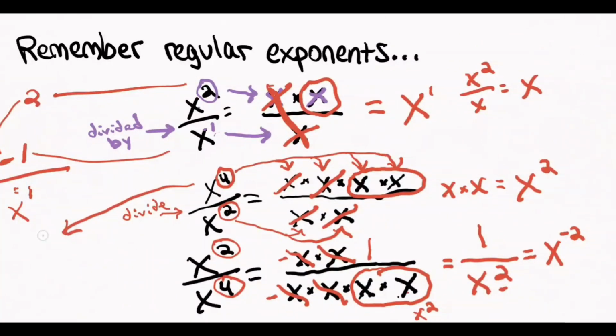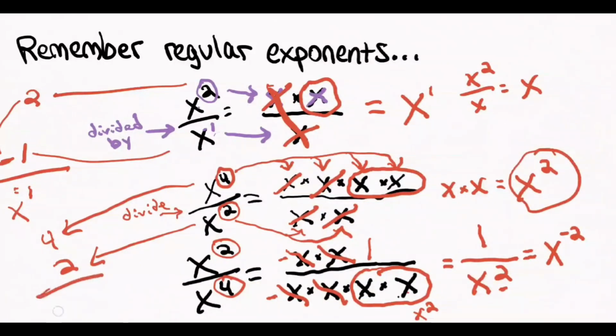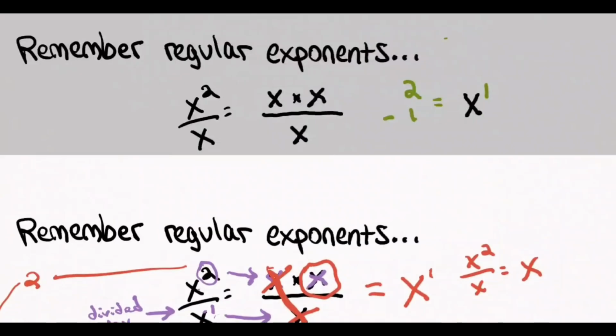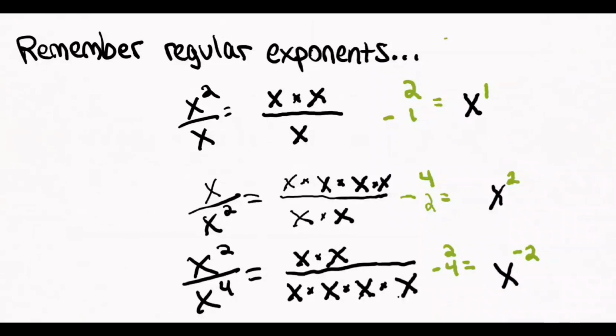There's 4, and there's a 2 on the bottom, and the answer was x to the second. Doesn't 4 minus 2 equal 2? This is exactly the shortcut that you can do when you are dividing exponents. So you take this 2 minus 1, invisible 1 there. 2 minus 1 is 1. So the answer is x to the 1, and you can just write that as x.